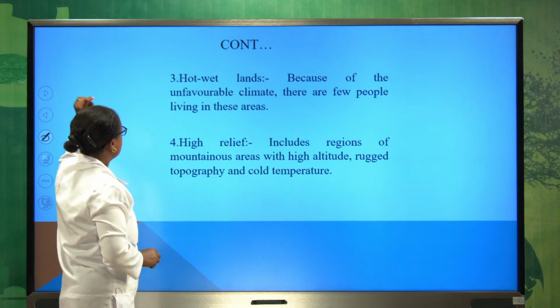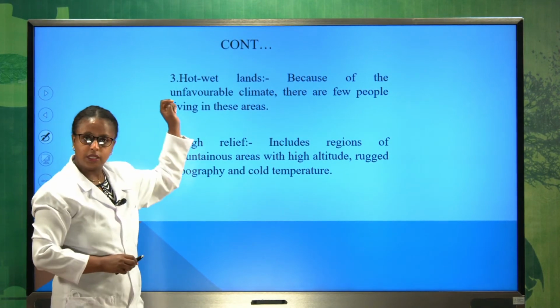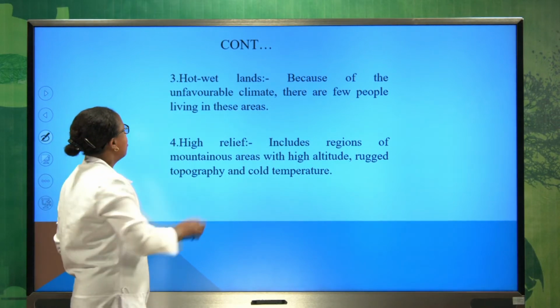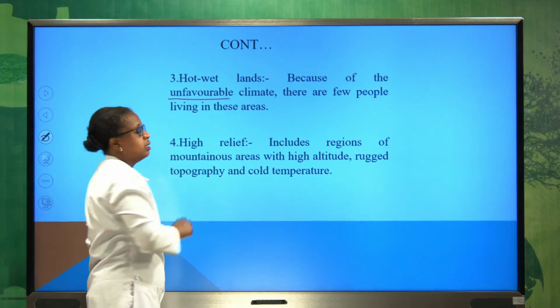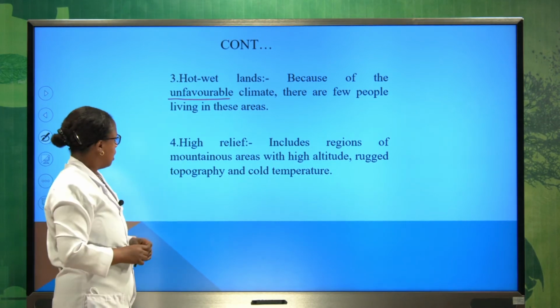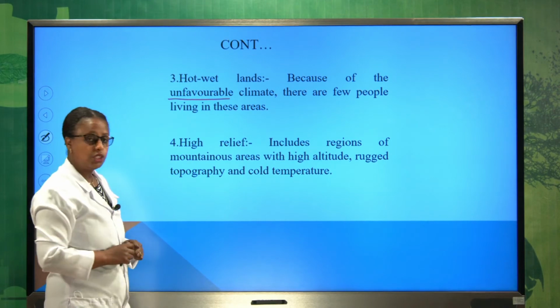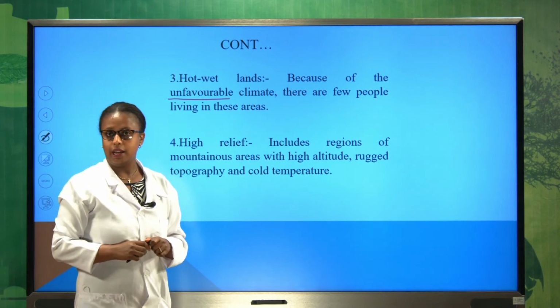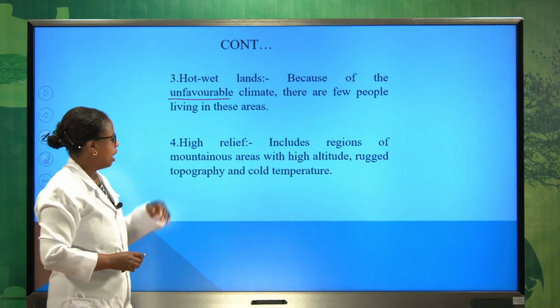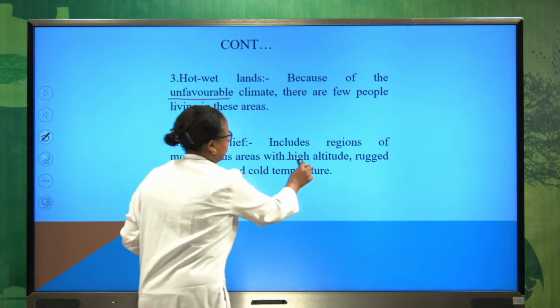The other sparsely populated region of the world is the hot wetlands. Due to its unfavorable climate, there are few people living in the region. The other sparsely populated region of the world is high relief. The region includes mountains of high altitudes.